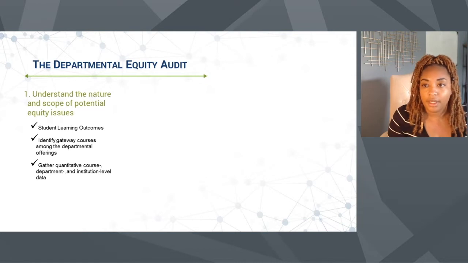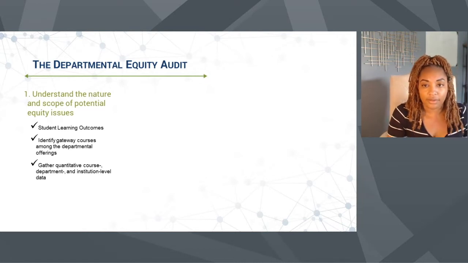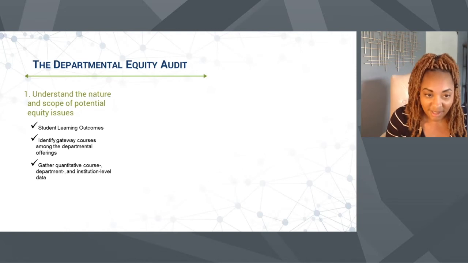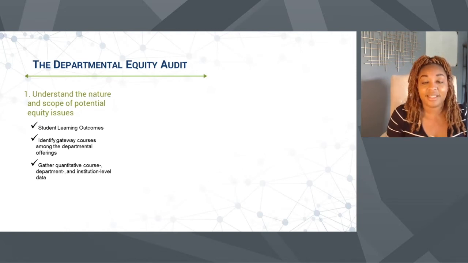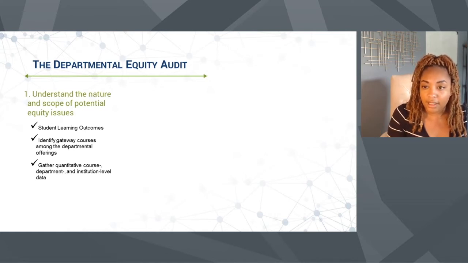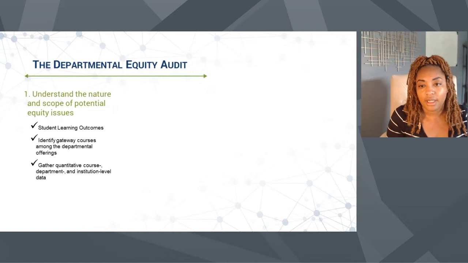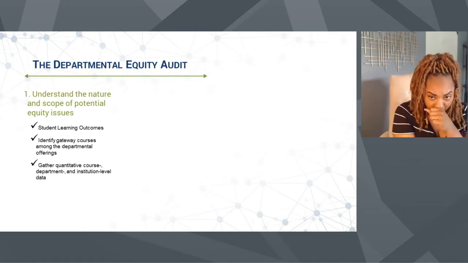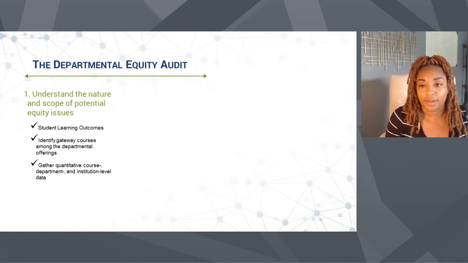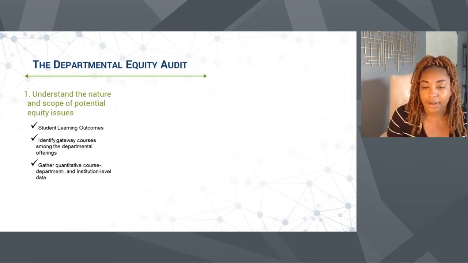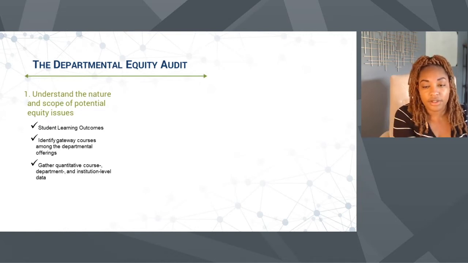Some examples of the data that you want to include in your equity audit, of course, are drop, fail, withdrawal rates in gateway courses, enrollment rates, particularly in gateway courses, persistence rates, transfer rates, and of course you want all this data disaggregated by race, gender, Pell eligibility, first generation status, demographic data on departmental majors, along with course level data from digital learning tools such as adaptive courseware and the institutional LMS, whatever the LMS is at your institution.